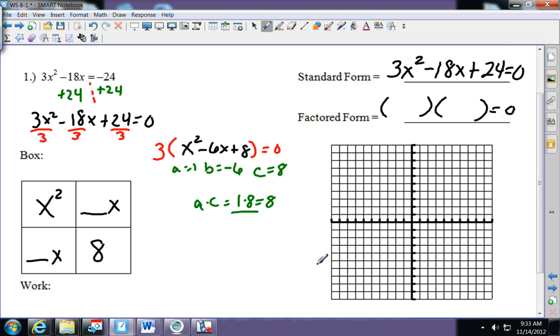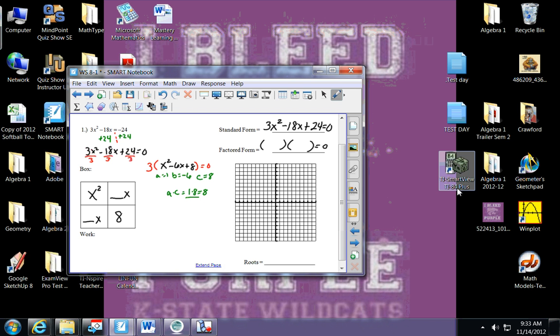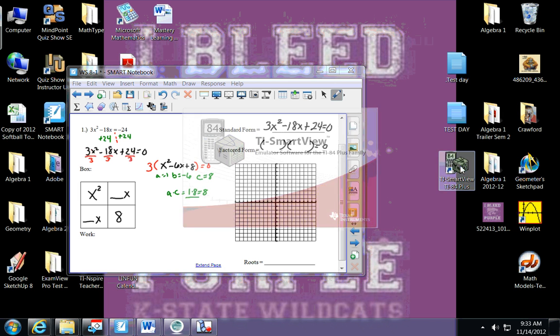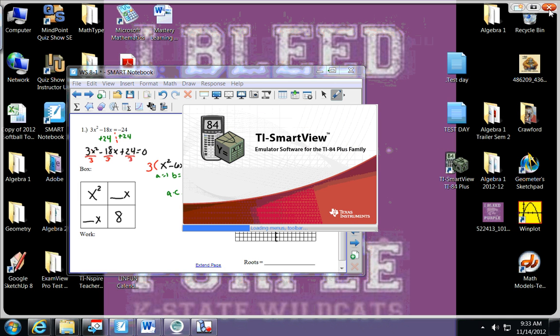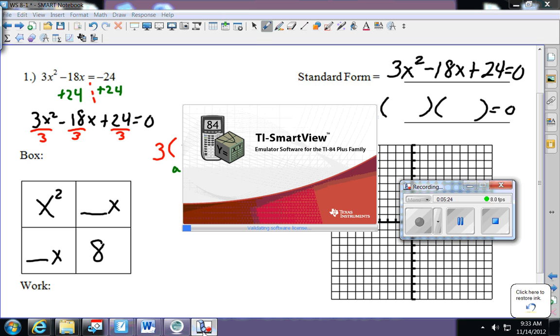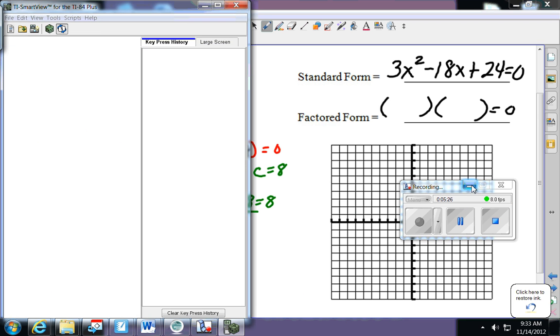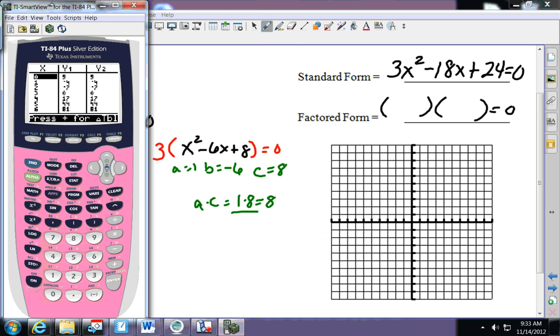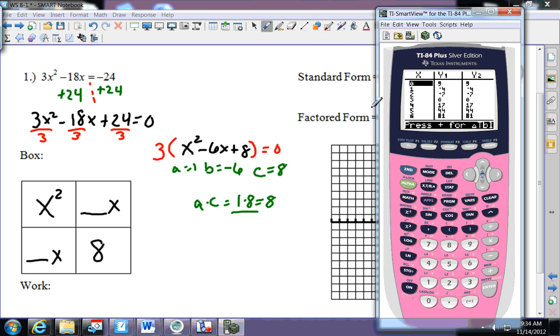Now, we can go through and put it in the calculator. Even though 8 should be easy to figure out because it's a small number, you can put in your calculator 8 divided by x, press second graph, and look in your table.